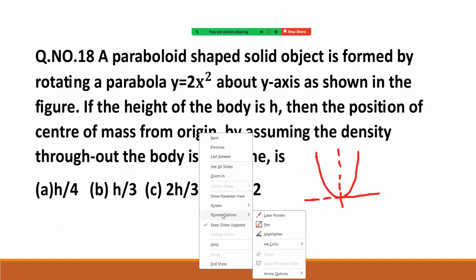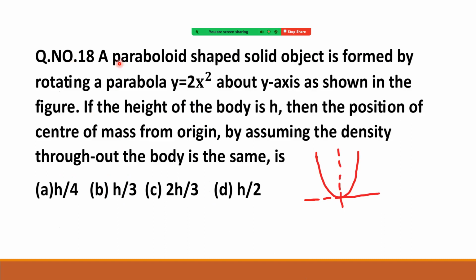Read the question carefully. A paraboloid shaped solid object is formed by rotating a parabola y equal to 2x square about the y-axis as shown in the figure. So this is a parabola. If we rotate this, the shape we are going to get is what we call a paraboloid. The equation of this parabola is given by y equal to 2x square.